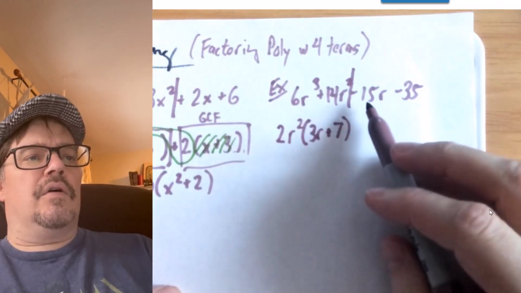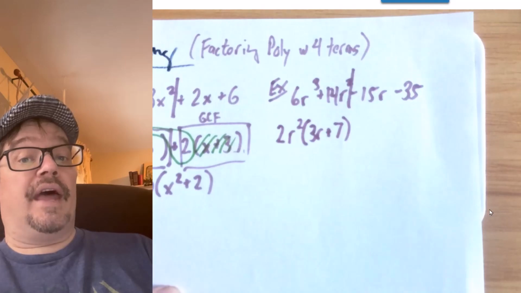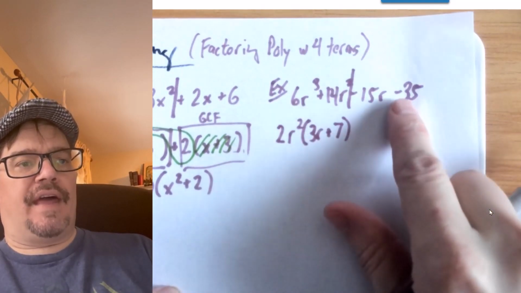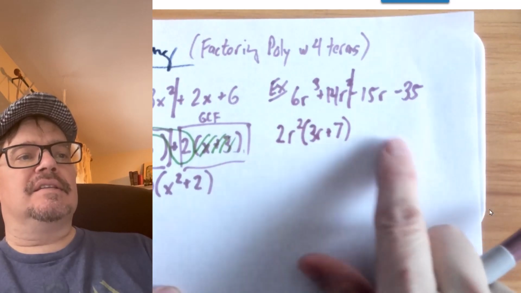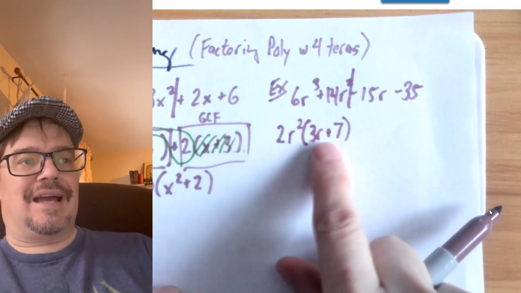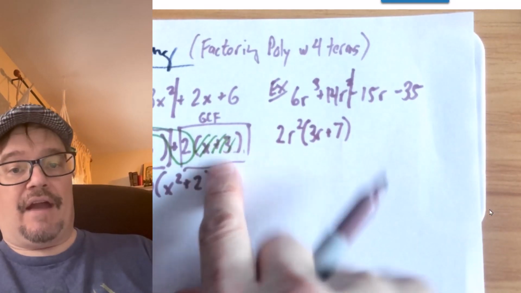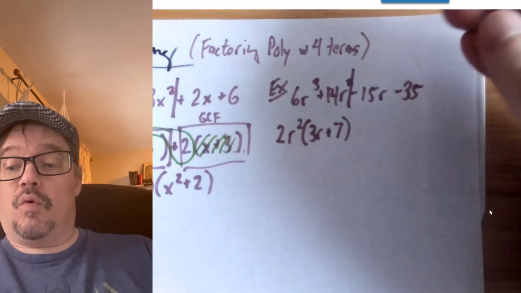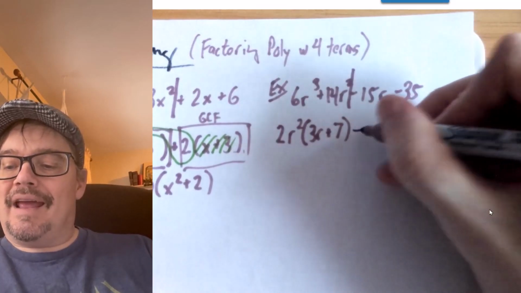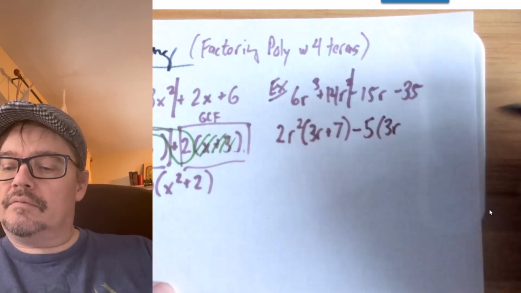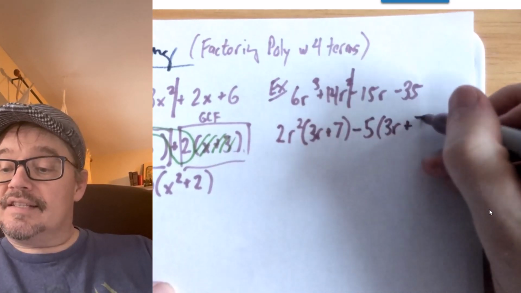All right, now over here, though, you'll notice that I can take out a negative, okay? Sometimes you might have to take out a negative while that is positive just to make these guys match, okay? These guys have to match in order for you to scribble it out here, okay? They have to be identical in order for this thing to work. So over here, I'm going to take out a negative 5, and I will get a 3r, and then a plus 7.